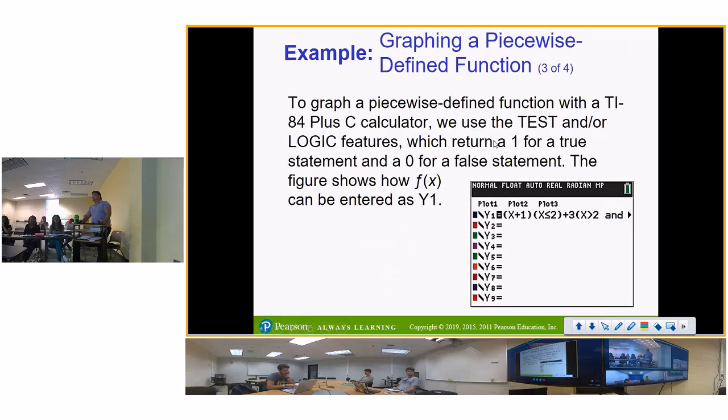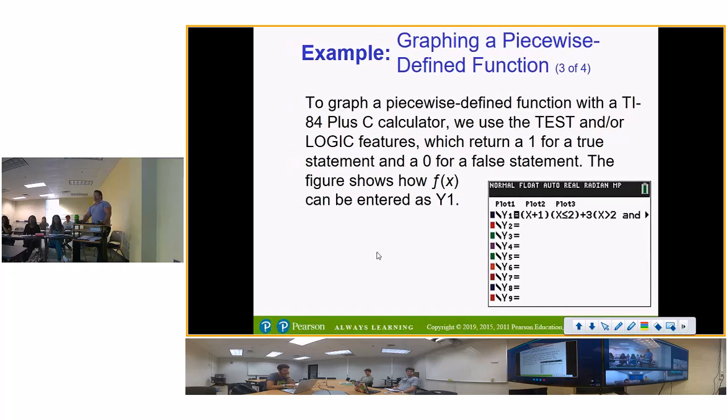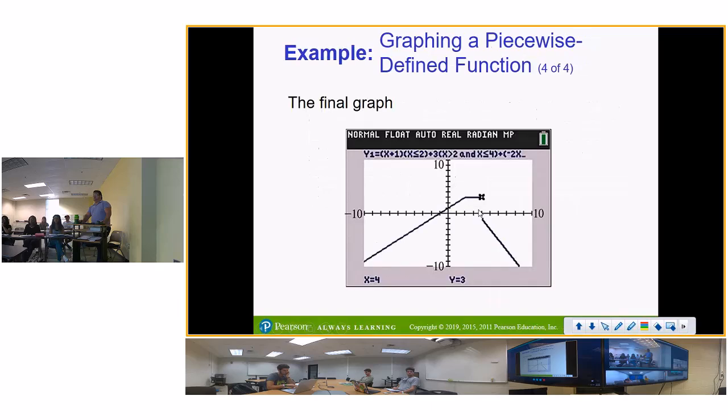Here we go. To graph, now this is important because it actually shows you how you can do this. You have to type in this right here, and it can be a pain, but you can do it. Let me go back a minute.